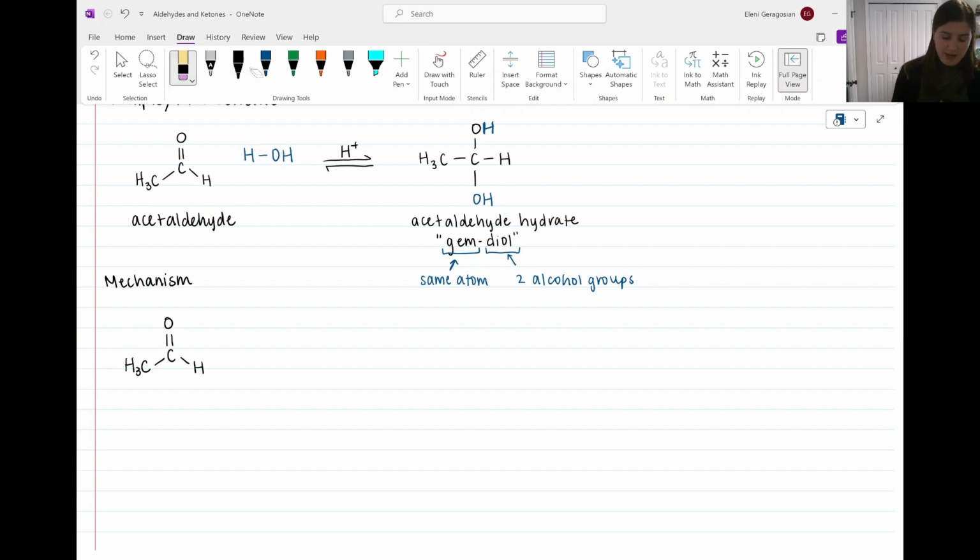Let's actually write that first. So let me erase the acetaldehyde here. We have water, H2O, present in solution with any acid, then we will have H3O plus present in solution. And so H3O plus is what we'll use to show the acid when we go through the mechanism. Okay, now we'll do the mechanism starting with acetaldehyde.